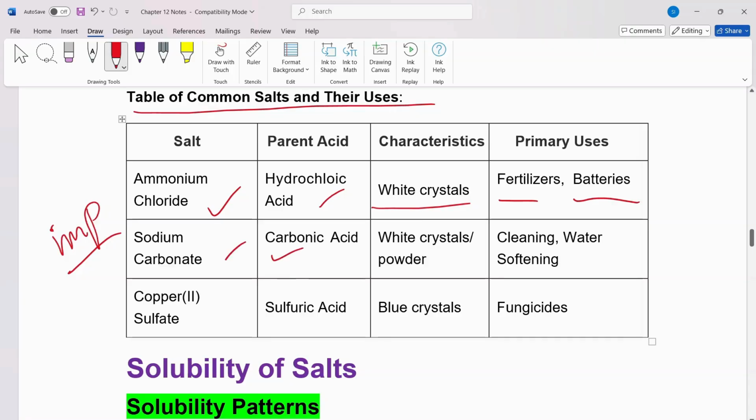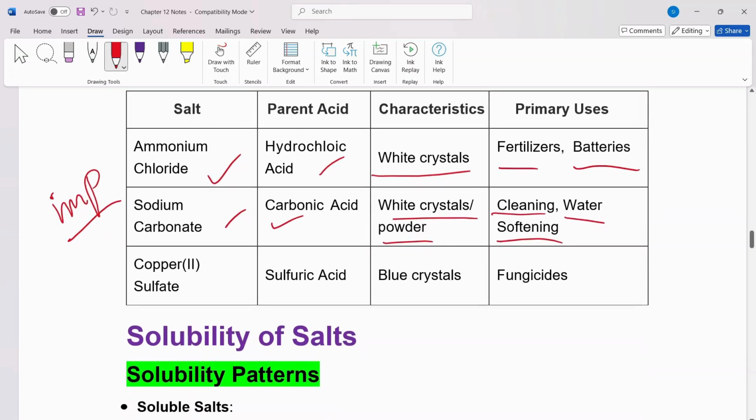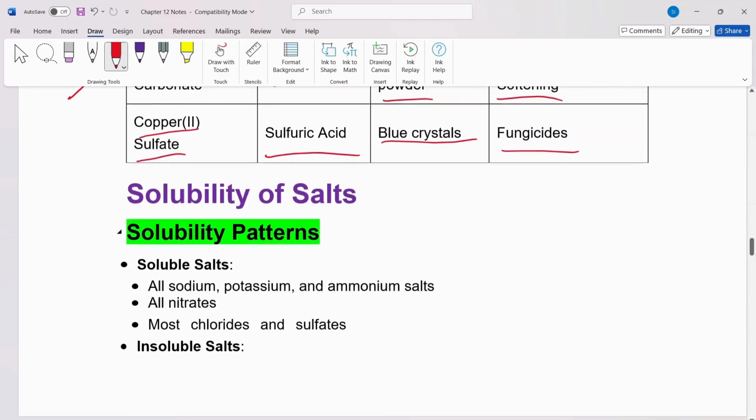Parent acid is carbonic acid. Characteristics are white crystals, powder, and it is used in cleaning, water softening. Then we have copper(II) sulfate. Parent acid is sulfuric acid. They have blue crystals and are used in fungicides.